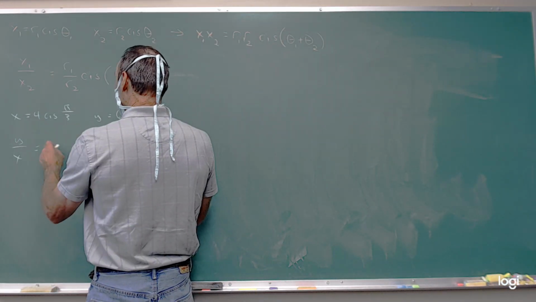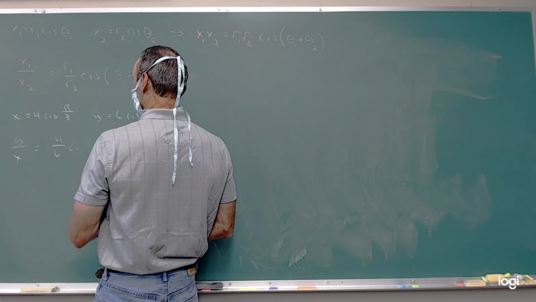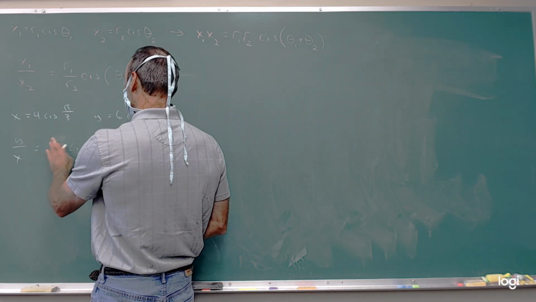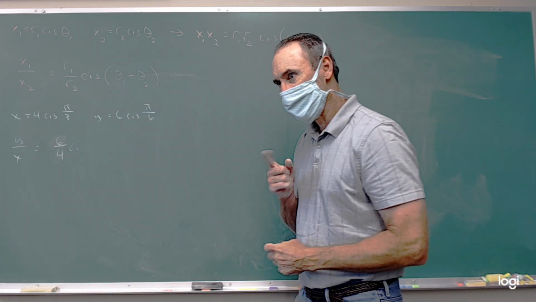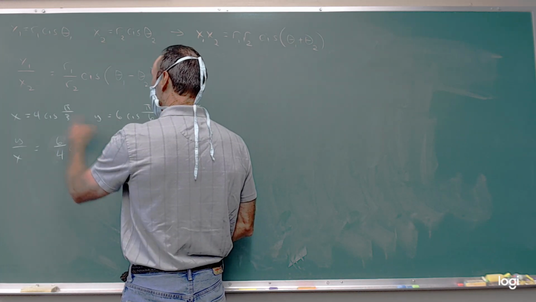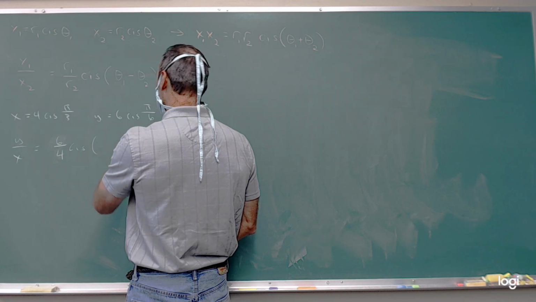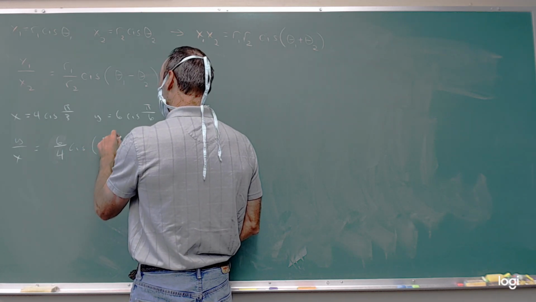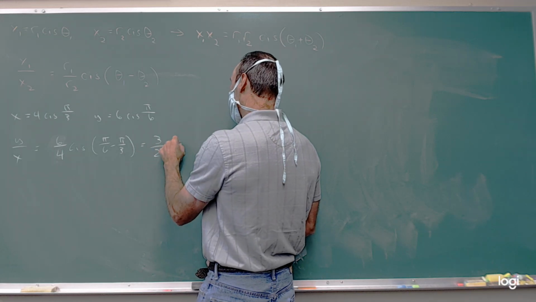So we got 4. I'll come back to that 6. And we picked this so that this would work out nice. There's a purpose to that. So we're going to take the R value of y divided by the R value of x. But now the penalty we pay is we're going to have to subtract here. So that simplifies to 3 halves.